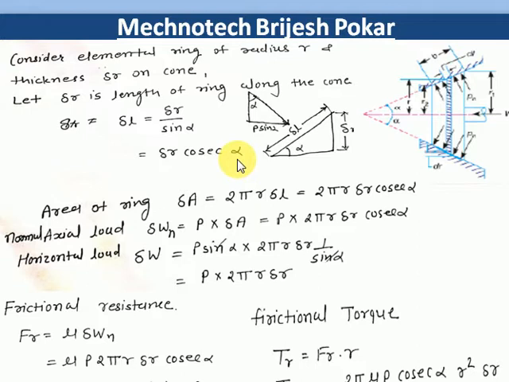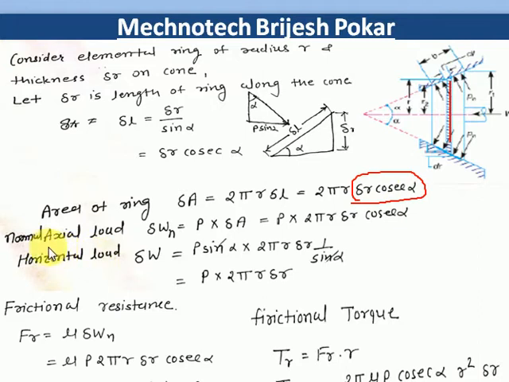Wherever you put the value of delta r in a plate clutch, in a cone clutch you have to put delta r cosec alpha instead of delta r only. So the area of this ring is 2 pi r, the circumference, into delta L, and delta L is equal to delta r cosec alpha.